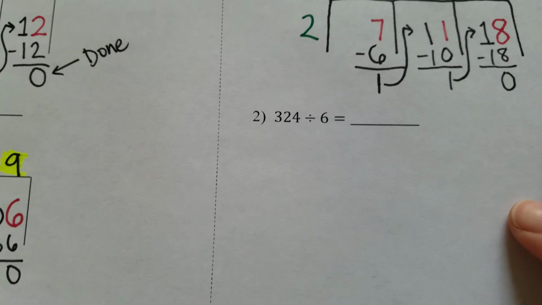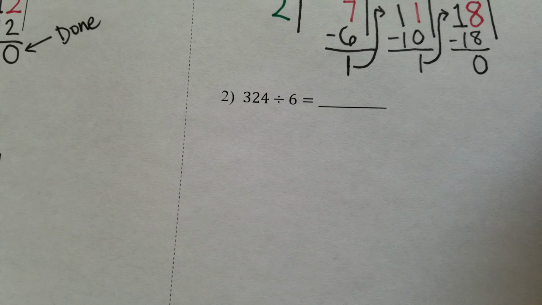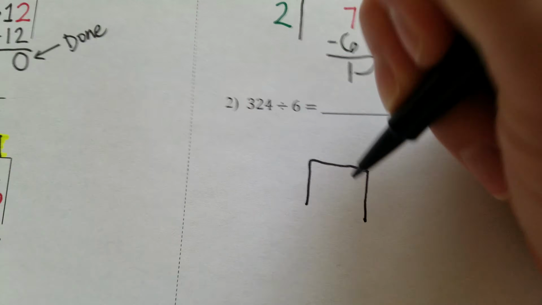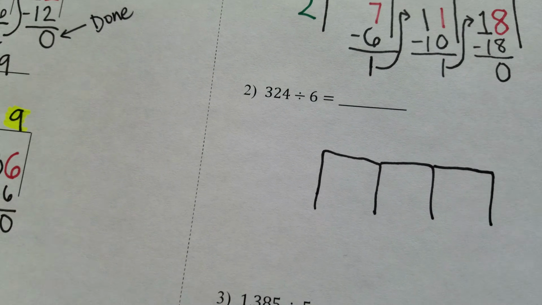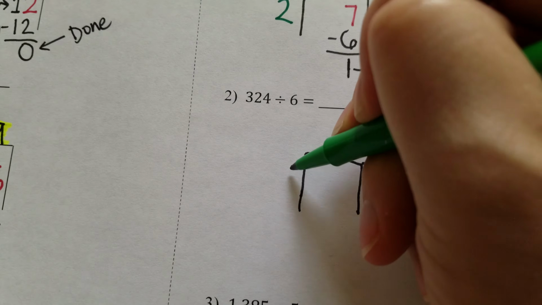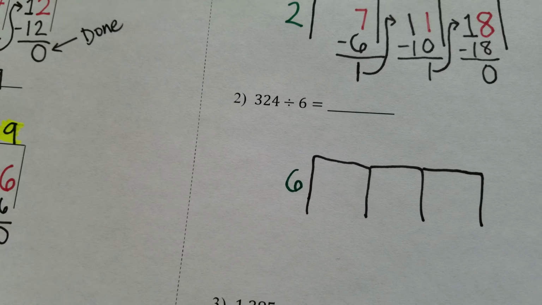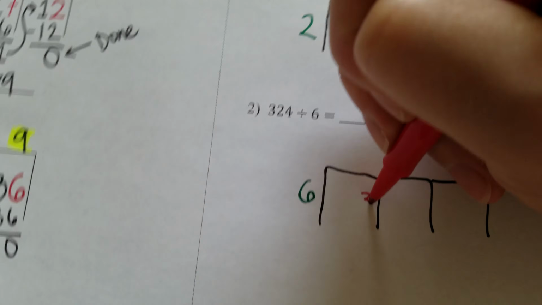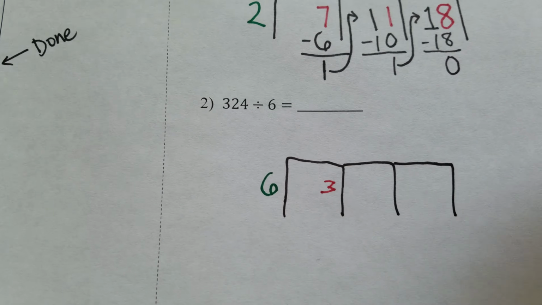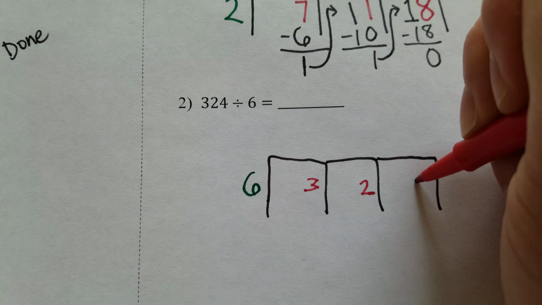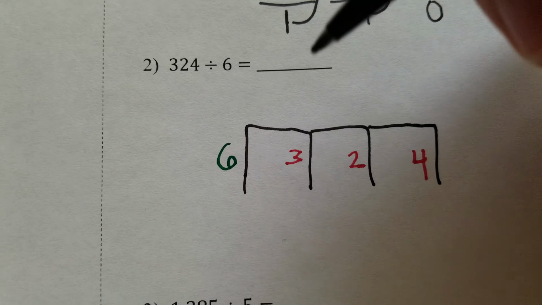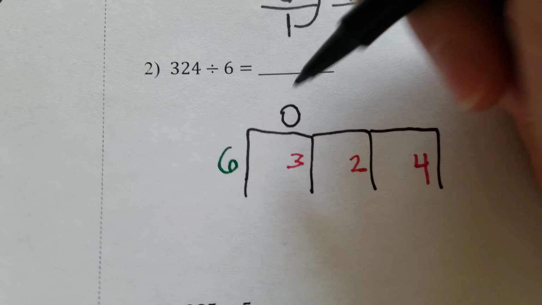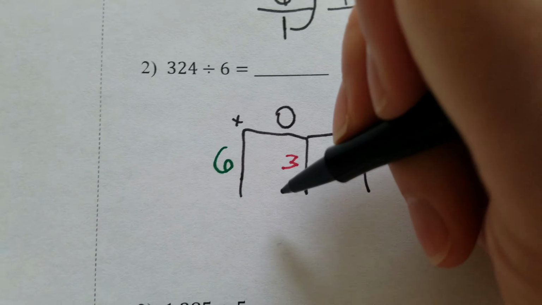Please try number 2. So once again, we're going to need 3 upside down boxes. The 6 goes on the outside. 324. And on this one, 6 can't go into 3, so we have to do times 0, and that'll be 0.